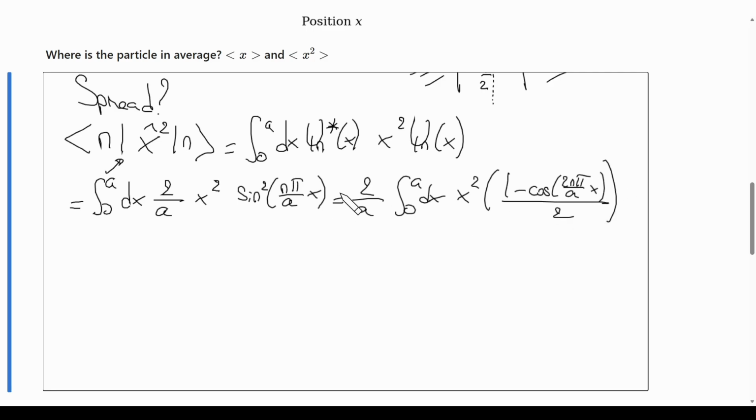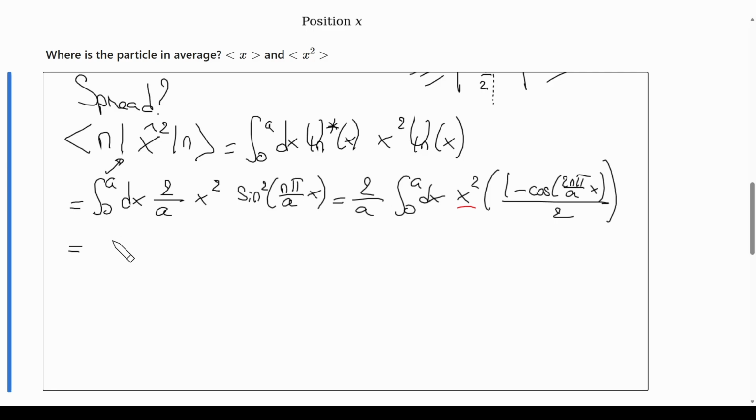So now we have this x squared here, and we will apply our integration by parts iteratively, 2 times, in order to reduce the order of this square.